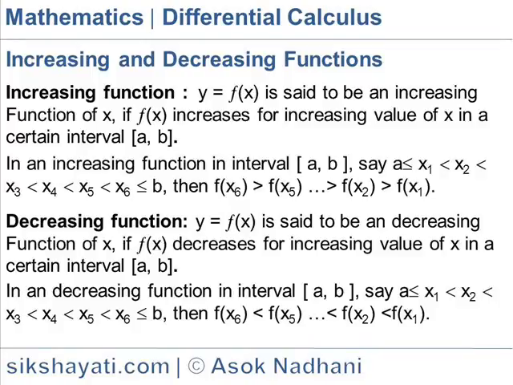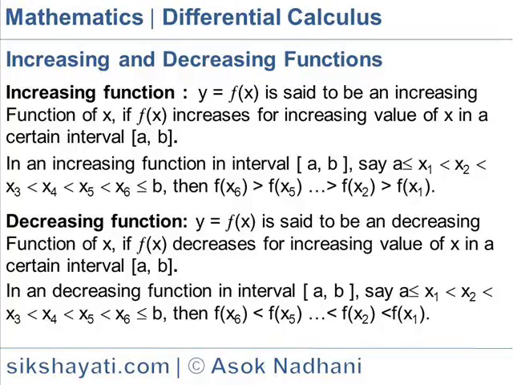In this case, the tangent at any point within the interval makes an acute angle with the positive direction of x-axis, because dy/dx is greater than 0 and the curve y equals f(x) is rising in that interval.